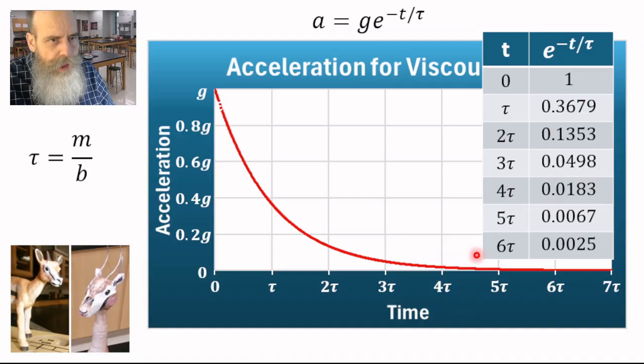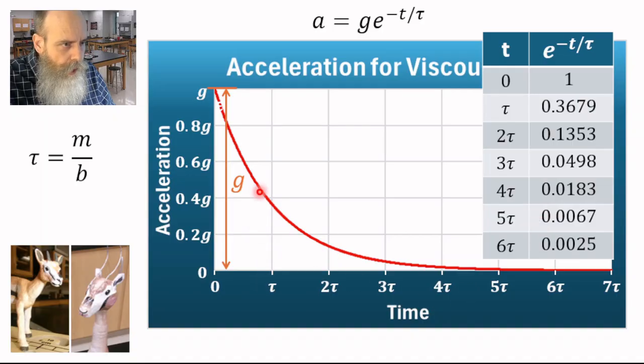Look at this factor e to the negative t over tau. When t equals 0, it is 1. As t increases, it gets closer and closer to 0. When t equals 0, the acceleration is g. It is g away from the final value of a equals 0. When t equals tau, the acceleration is g over e.